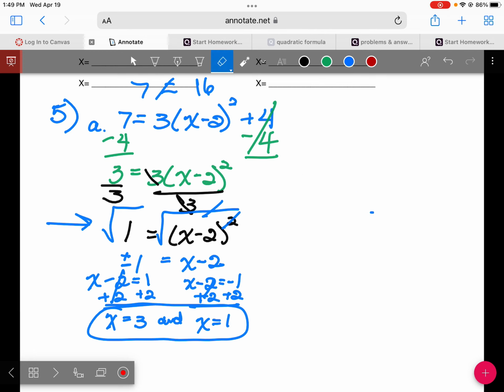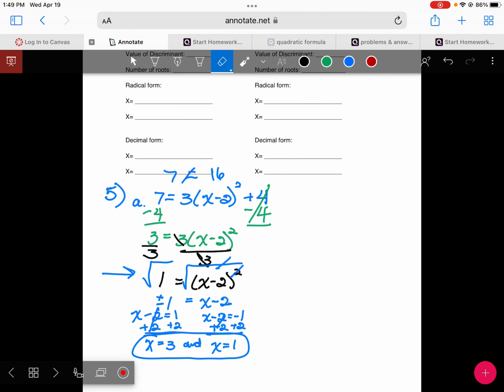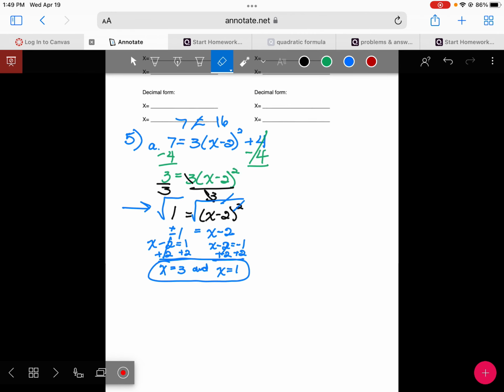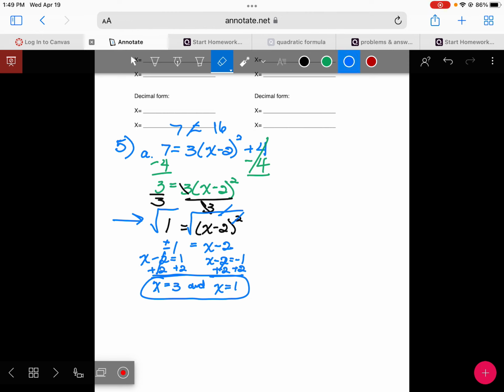And we're going to do the square root method here again. And that is for letter B. B says 5 equals 1/2 times (x plus 2) squared minus 3.